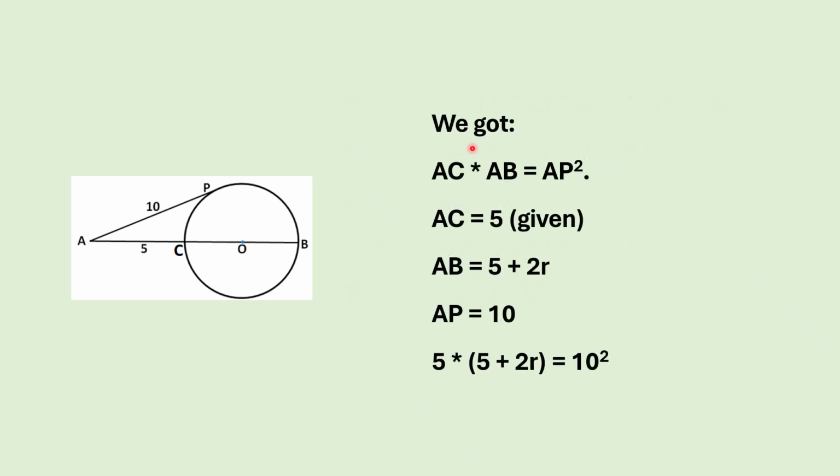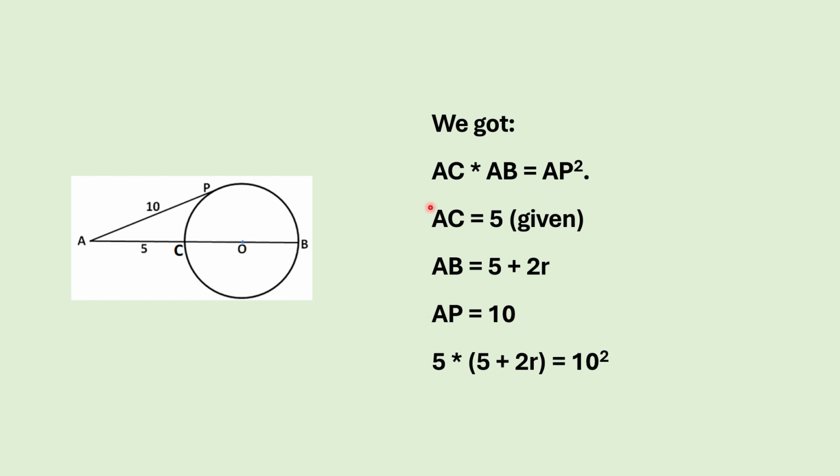So we got the relation AC into AB is equal to AP square. AC, the length, is 5 units, given. AB is AC, that is 5 units, plus the diameter, that is 5 plus 2R, and AP, the tangent, is given as 10.